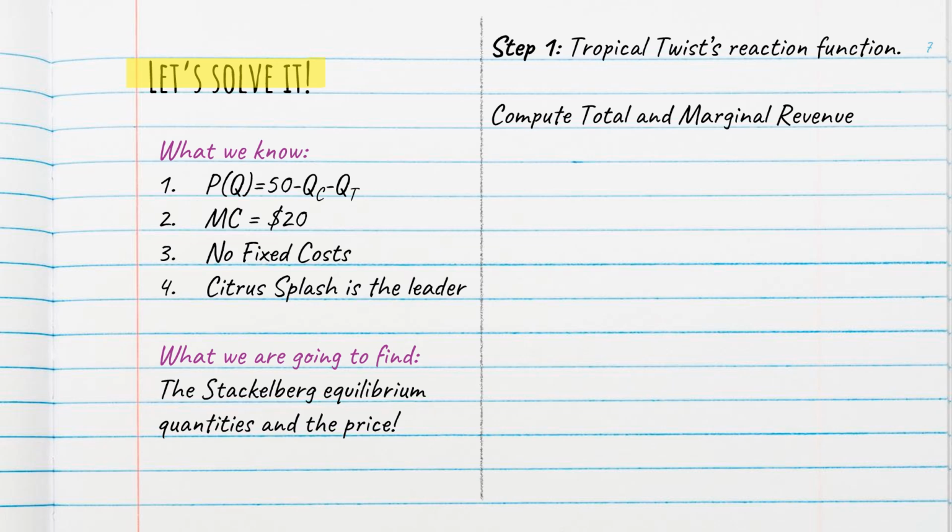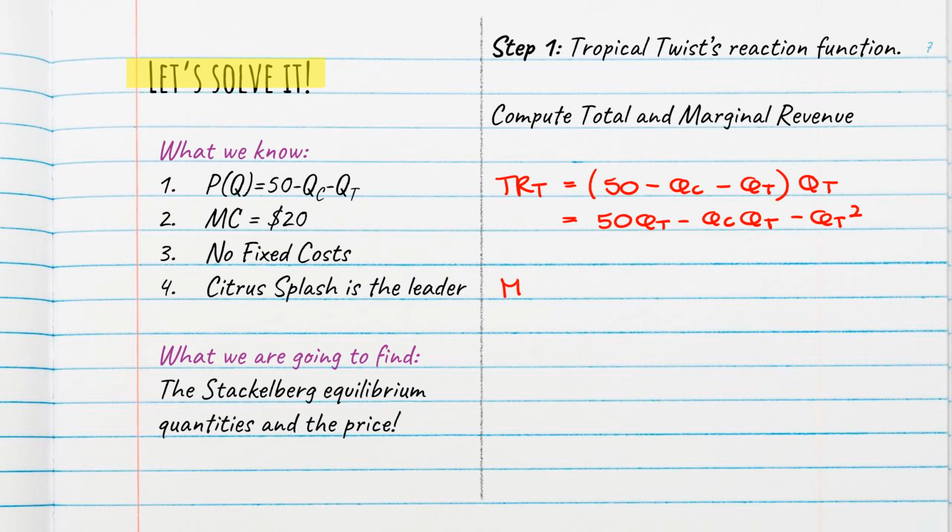Tropical Twist's total revenue is equal to the inverse demand, 50 minus QC minus QT, all times QT. Dealing with this parenthetical, we get 50 QT minus QC times QT minus QT squared.